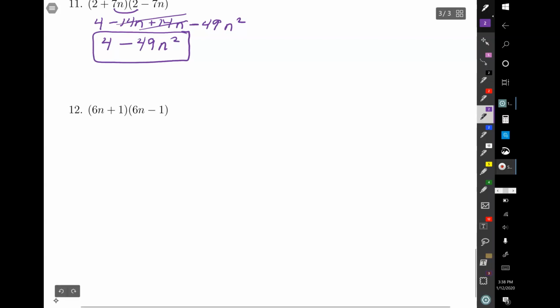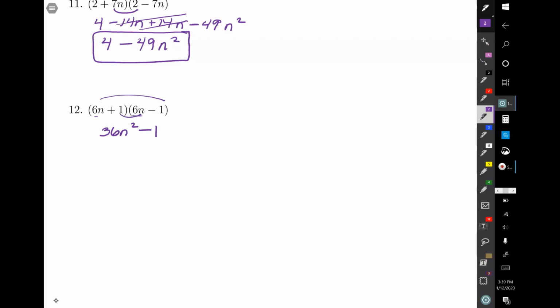But on this one, I know that my 6n squared would end up being 36n squared. And then I'm going to have a subtract, and the square of my second term is 1, because the middle term would end up being negative 6n and plus 6n, that would go to 0. So my final answer is 36n squared minus 1.